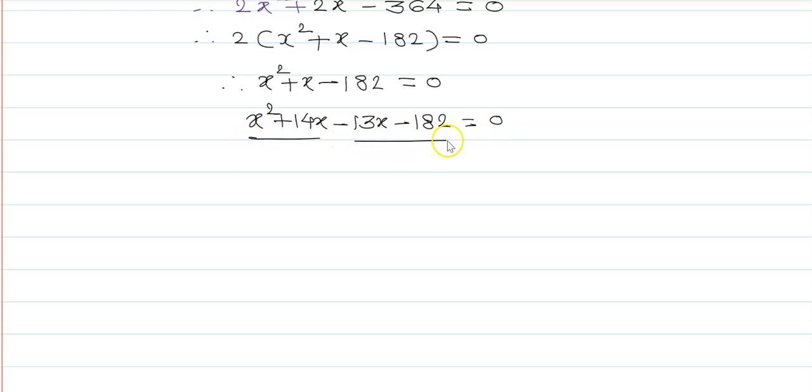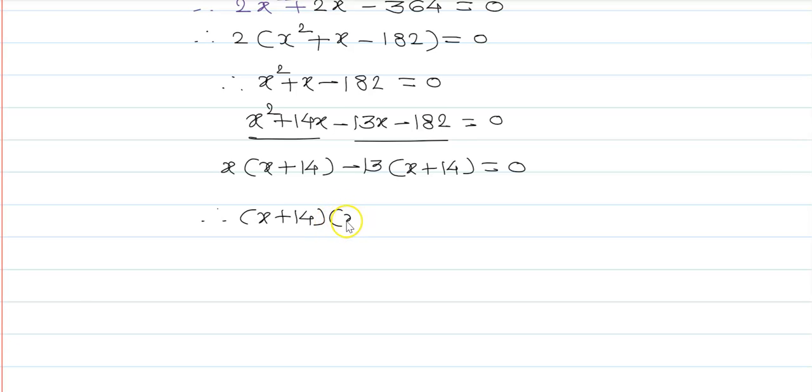Now take two groups, take x as common: x into (x plus 14), minus 13 into (x plus 14), equals 0. Therefore, (x plus 14)(x minus 13) is equal to 0.